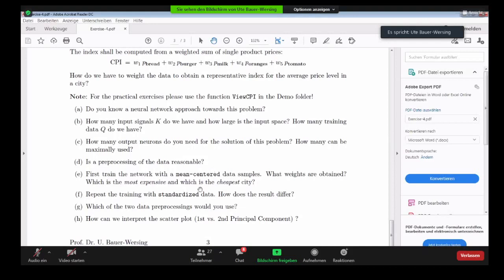So we have mean-centered data, we have standardized data. What does it mean if, after mean centering, we do a standardization of data? Okay, we are going to answer this question using the simulation.